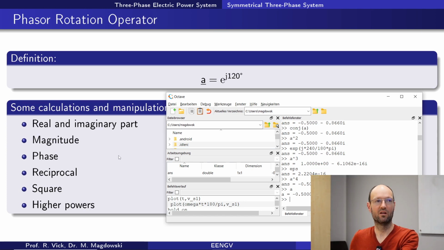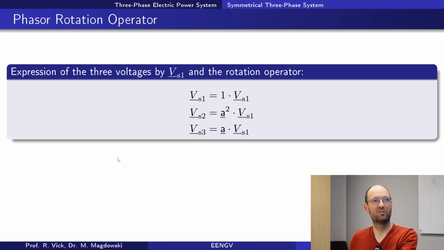Okay, so with this rotation operator, we can rewrite our 3 voltages just using the first voltage. We have 1 here, and we have a squared here, because a squared gives the minus 120, or the plus 240 degree phase shift.